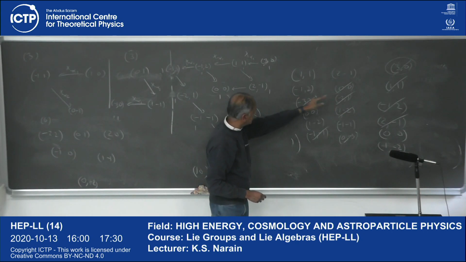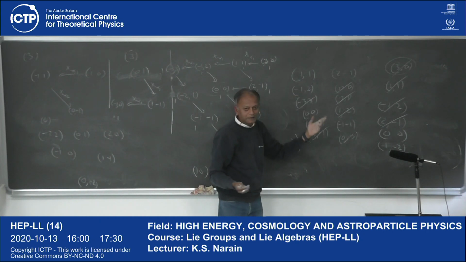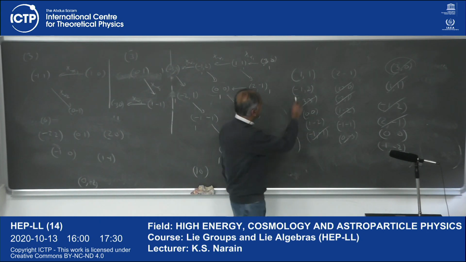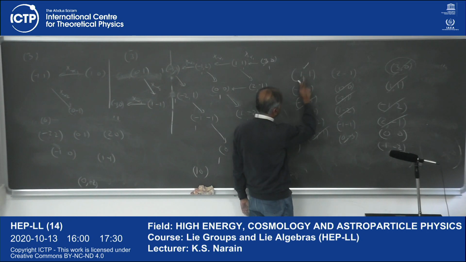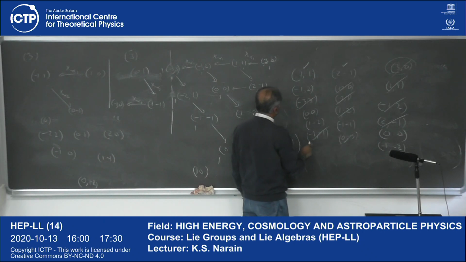once I have removed this 10-dimensional representation, then the highest weight is 1, 1. Okay? And that is nothing else than an adjoint representation. And indeed, you can see, of all the states, the adjoint is this one. This is what we call the x alpha 1, right? This was there.